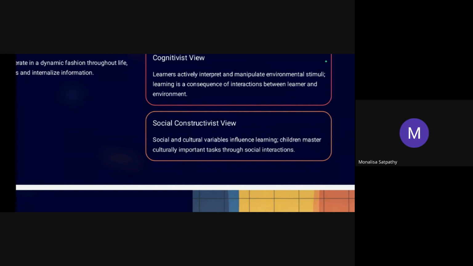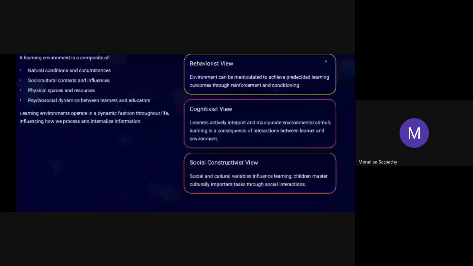That is the viewpoint of a social constructivist or social psychologist. So these are the different views, and they describe the learning environment according to their own research and experiments, and how it affects learning, and how students can get maximum benefit from the environment.